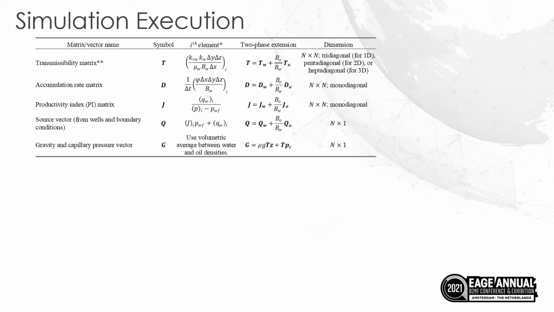For a three-dimensional reservoir simulator like my own, we have a heptadiagonal transmissibility matrix, which means that the matrix is a square matrix, which has a number of rows and number of columns equal to the total number of nodes of the reservoir simulator, and 7 diagonals are able to contain non-zero values.